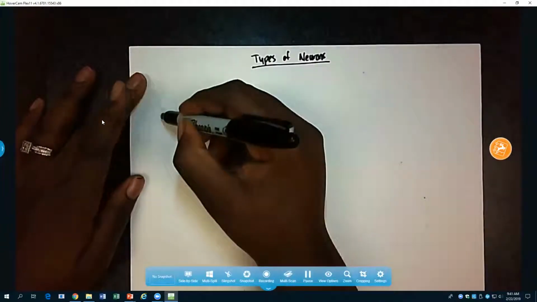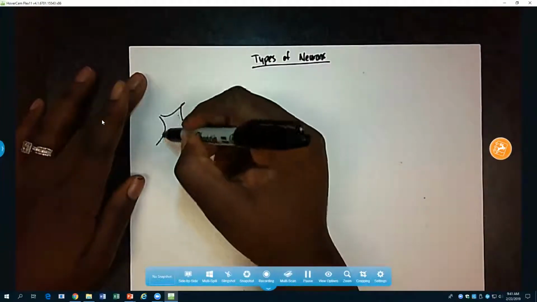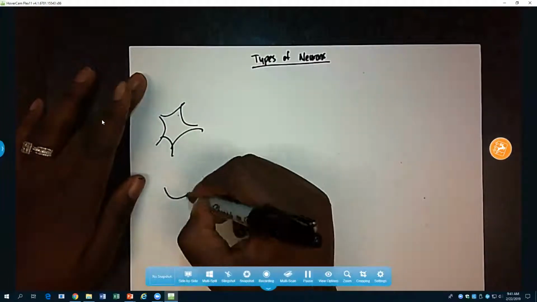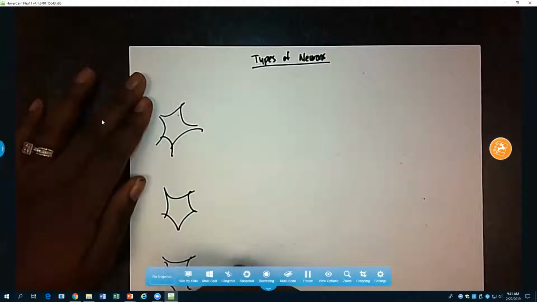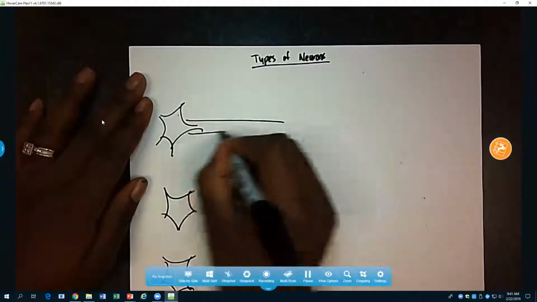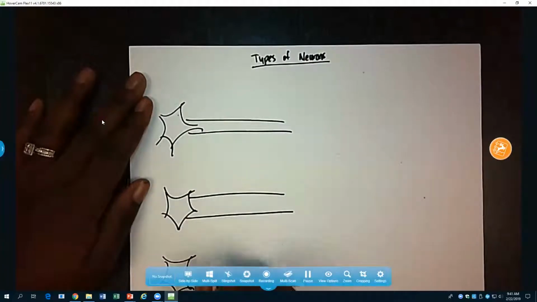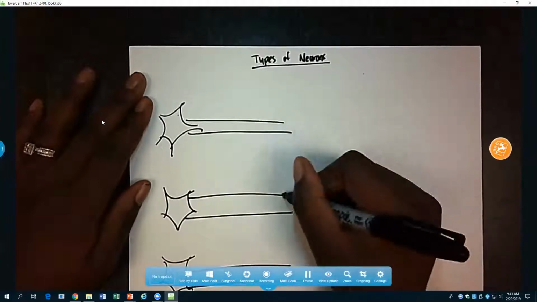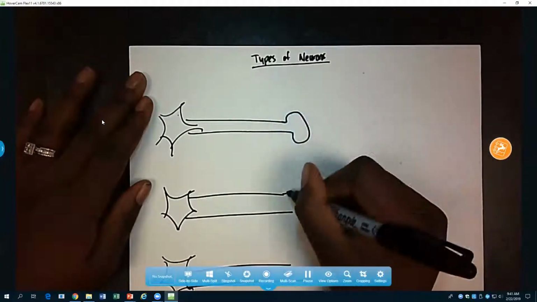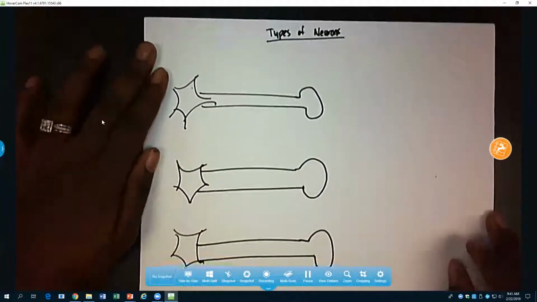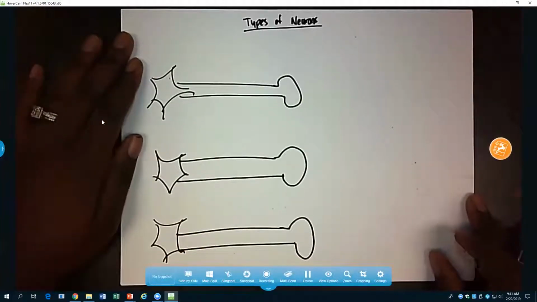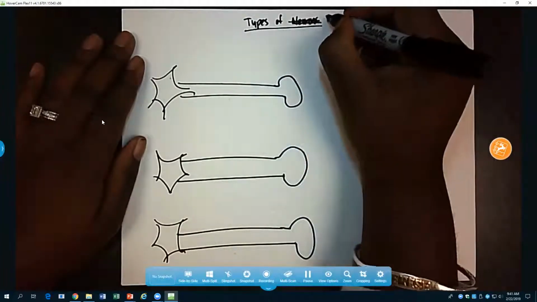So the first thing is we have our presynaptic neuron. Our terminal bouton here. This is not types of neurons, this is types of synapses.